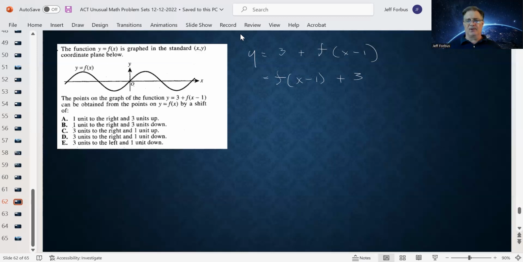That plus 3 is going to make the graph shift upward 3. Now, what does the x minus 1 do to our graph? Since that's a negative number, it's going to shift it to the right. So we go 1 unit to the right and 3 units up, which is answer choice A.